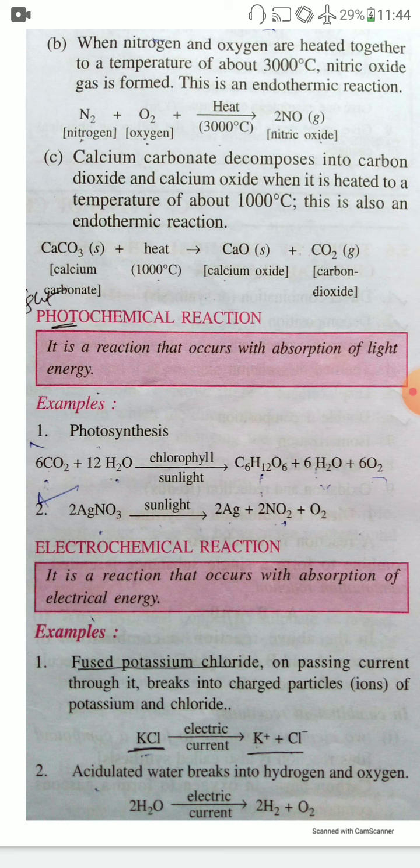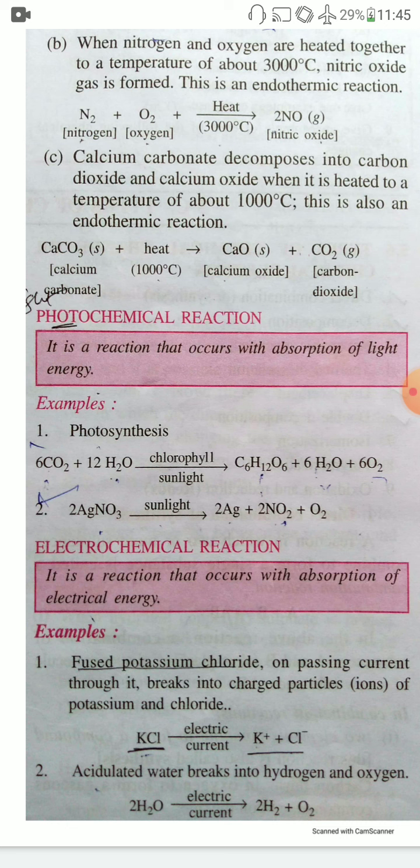Example of photochemical reaction. You know that photosynthesis occurs in the presence of sunlight only. In photosynthesis, carbon dioxide and water react to form glucose, water and oxygen gas. This reaction only takes place in the presence of sunlight.